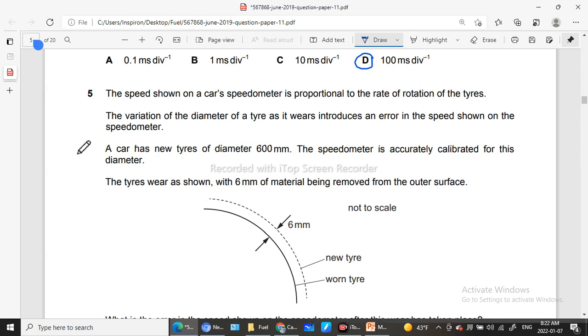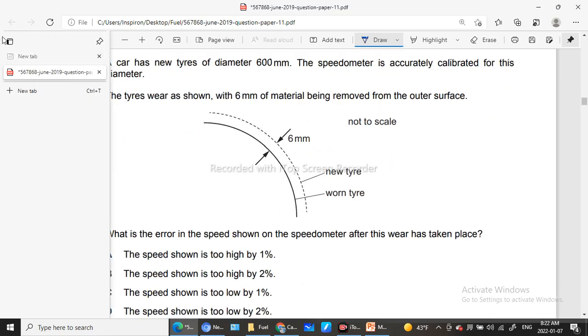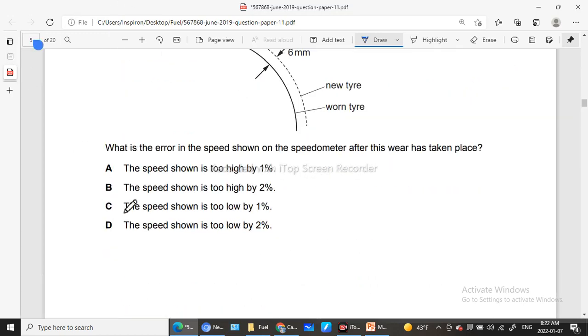The speedometer is accurately calibrated for this diameter. The tires wear as shown, with 6 millimeter of material being removed from the outer surface. What is the error in the speed shown on the speedometer after this wear has taken place?